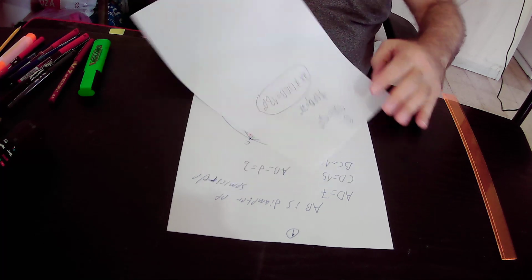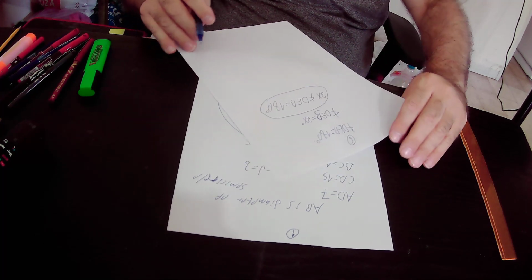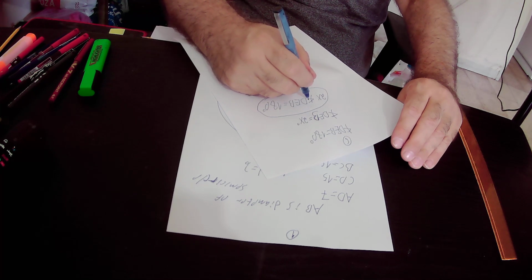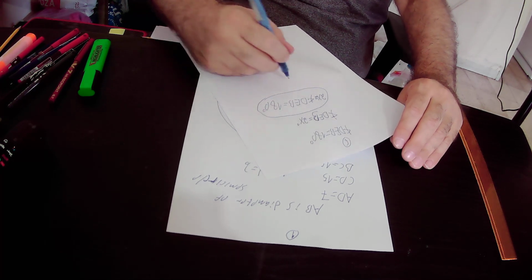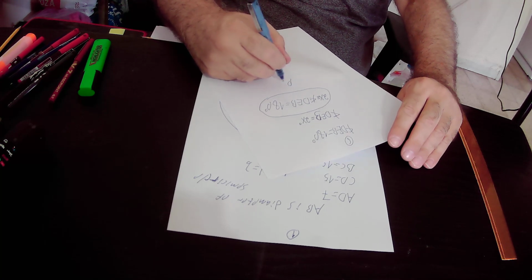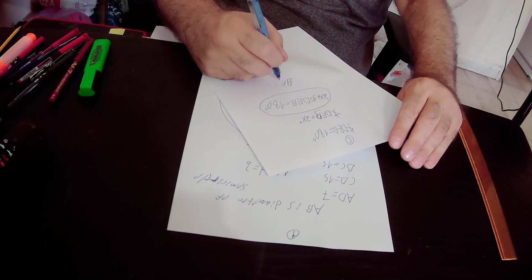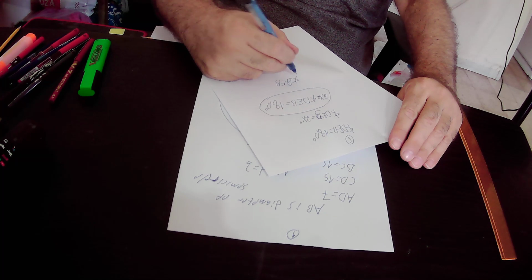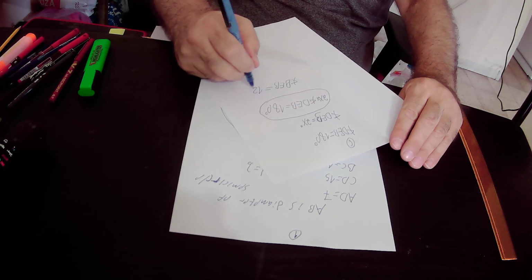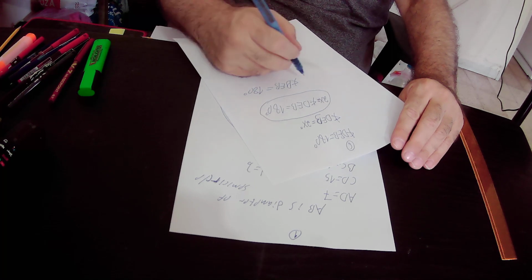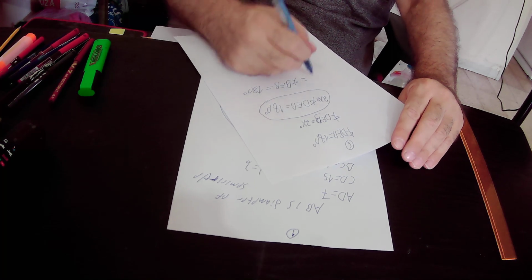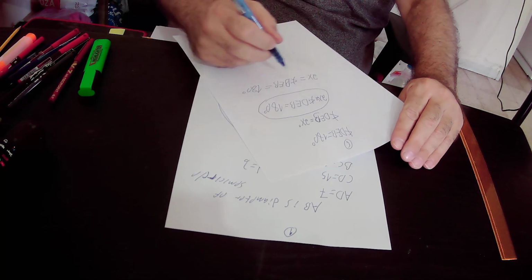So again, angle DEB equals 180 degrees because it is a straight line, but from the other side it equals 2x.